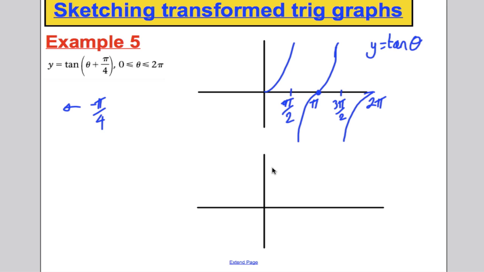Now it's going to be at pi by 4. So that's the asymptote, at pi by 4. It crossed at pi, now it's going to cross at 3 pi by 4. It had an asymptote here, it crossed again at 2 pi, now it's going to cross at 7 pi by 4.